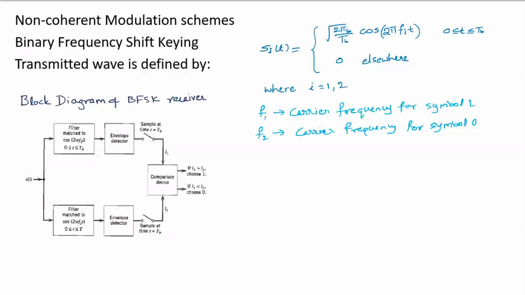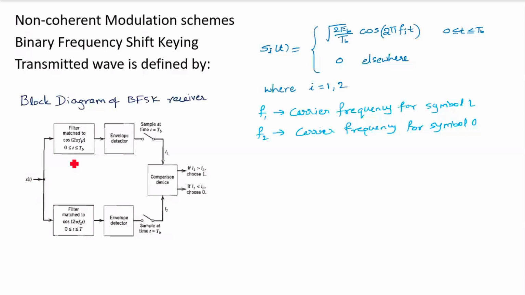And we use a matched filter. In this case, the binary frequency shift keying non-coherent modulation scheme, the receiver does not possess a bank of correlators. The receiver will have only matched filters here, because there is no generation of a local carrier at the receiver.